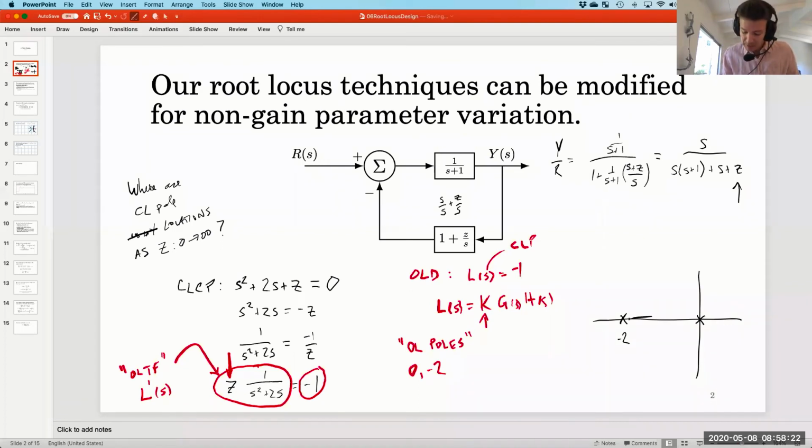We can say that this is the region of the real axis that is in the root locus, and because it's second order, we're going to have asymptotes at plus or minus 90 that come out from dead center here. Okay, so this is the root locus diagram for this system as z greater than 0 varies.